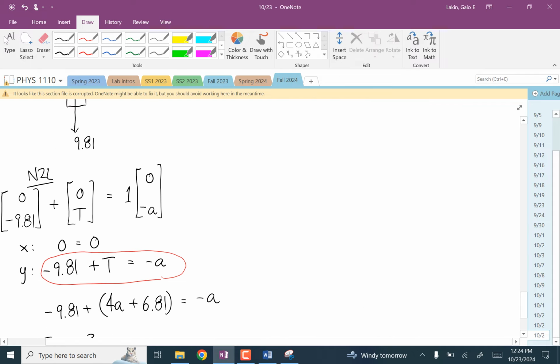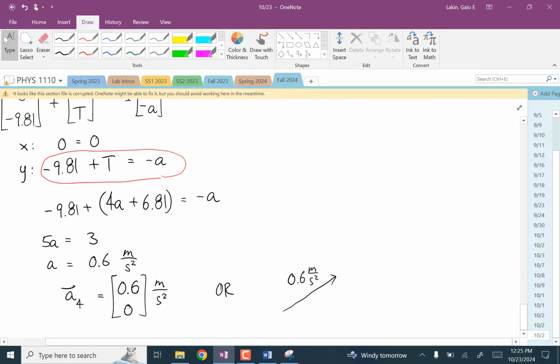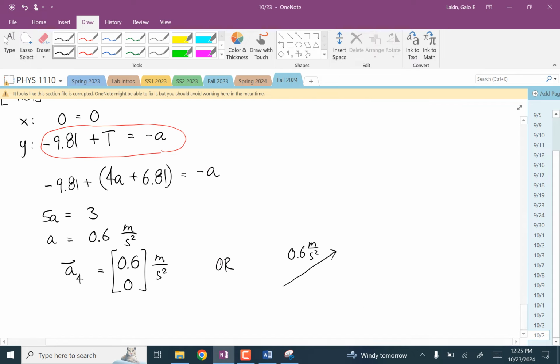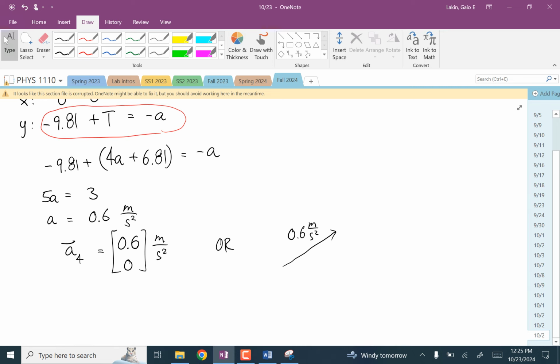And now we want to calculate that T. You can get that from any equation. I'm going to use this circled equation here. So negative 9.81 plus T is equal to negative 0.6.